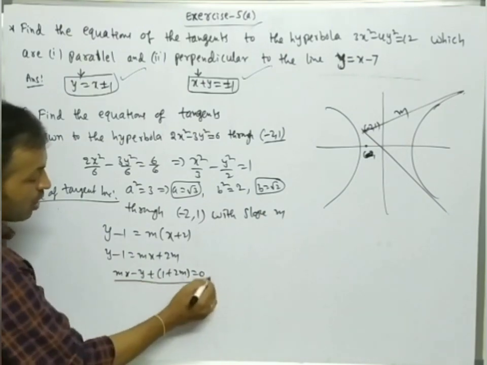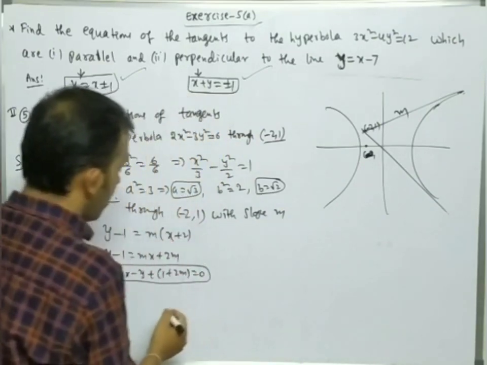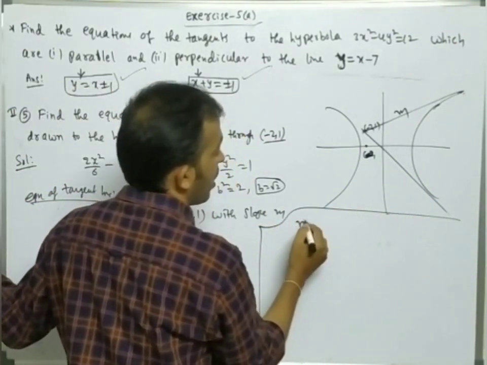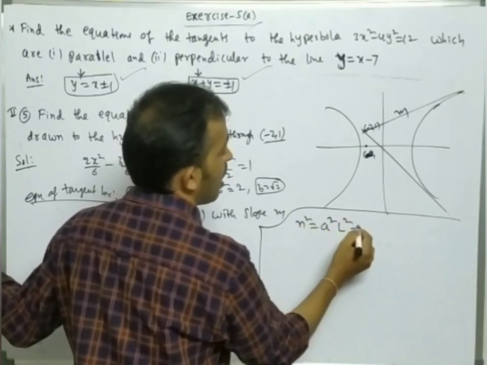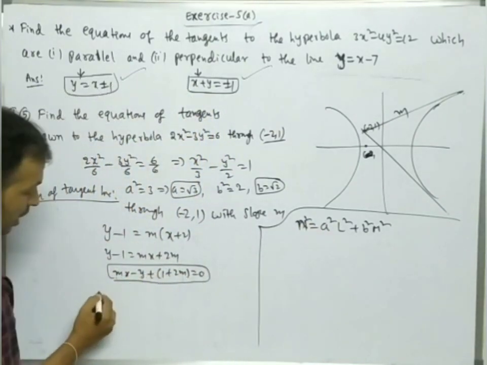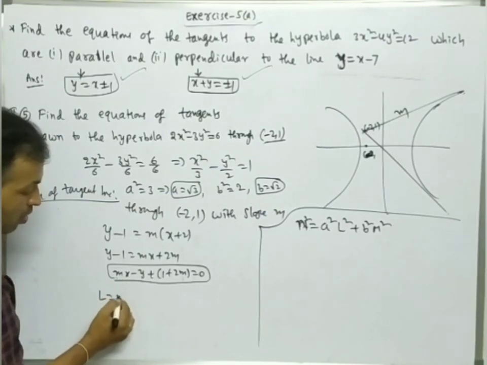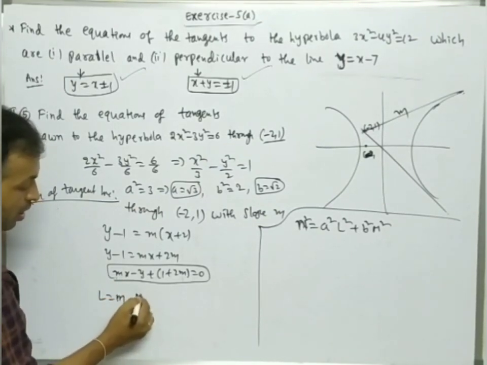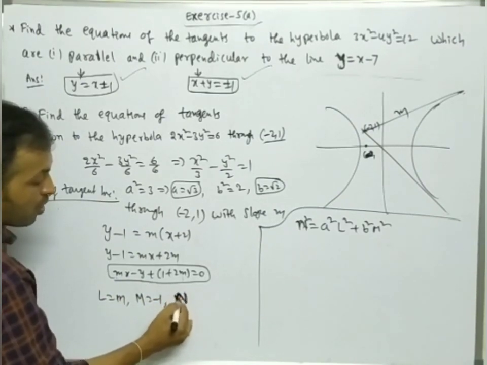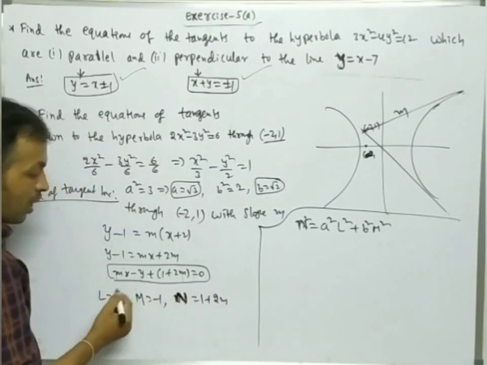So this line is tangent to the hyperbola. Then it must satisfy the condition, that is n square is equal to a square l square plus b square m square. Here what is l? Compare with lx plus my plus n is equal to 0. l is equal to m, m is equal to minus 1, and n, I am denoting with capital N, is equal to 1 plus 2m. So l, m, n we got.